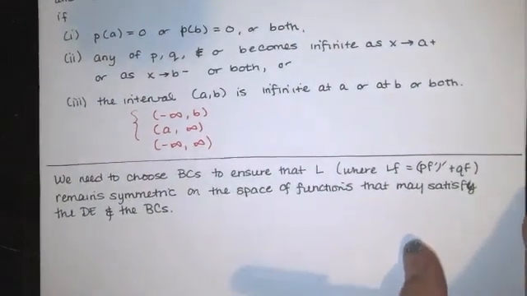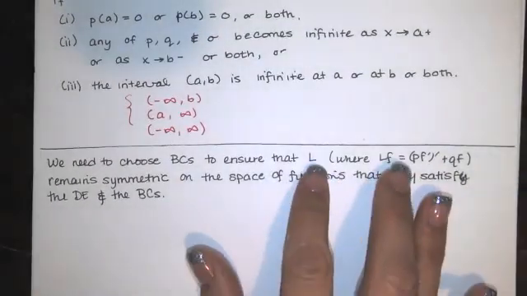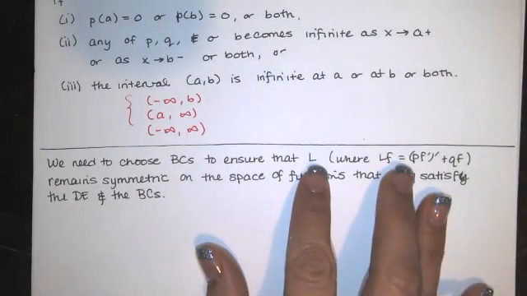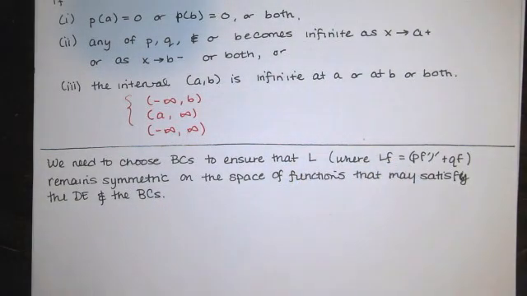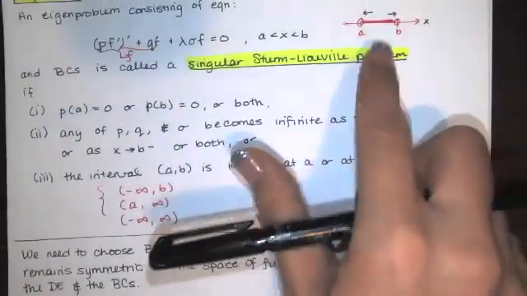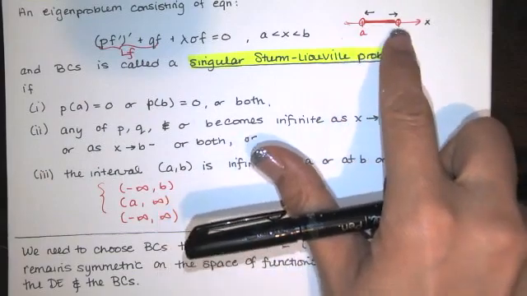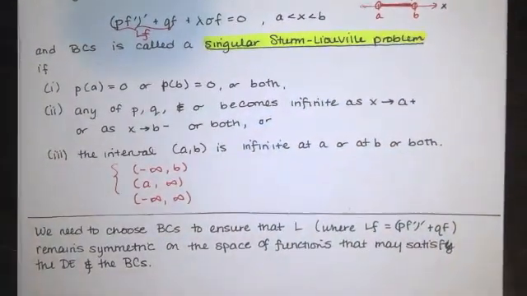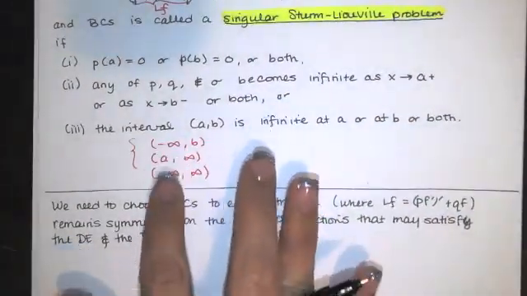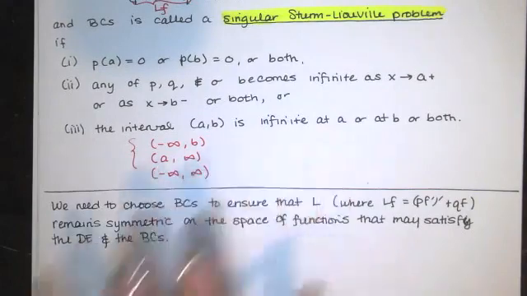Now, often what we need to ensure that that operator is symmetric is that the function and its derivative remain bounded as we approach x equals a from the right, or as we approach x equals b from the left, or as x goes to negative infinity, or as x goes to positive infinity, or both.